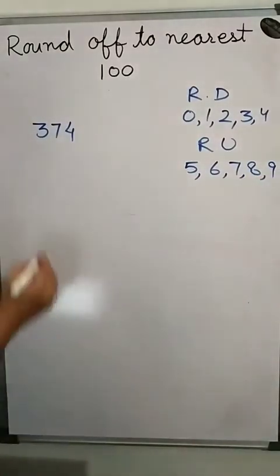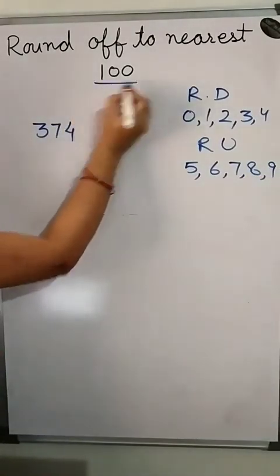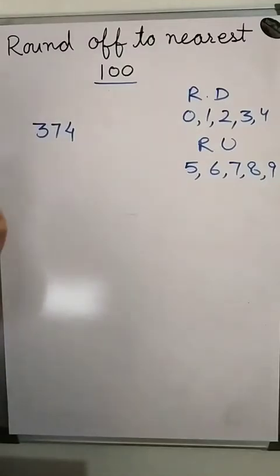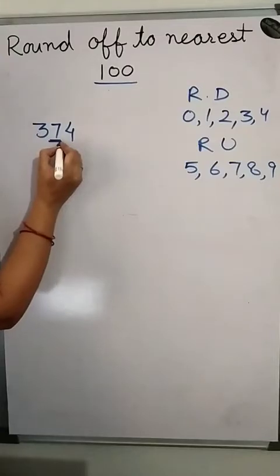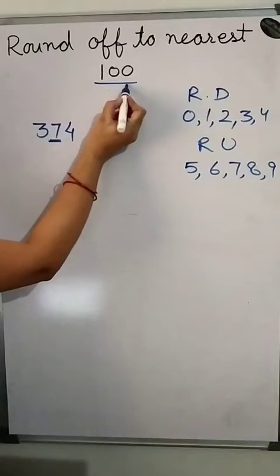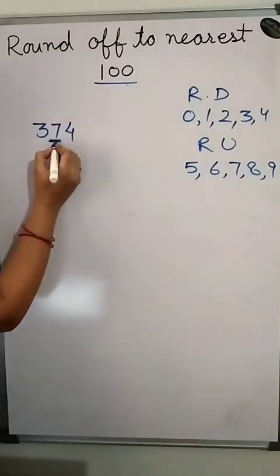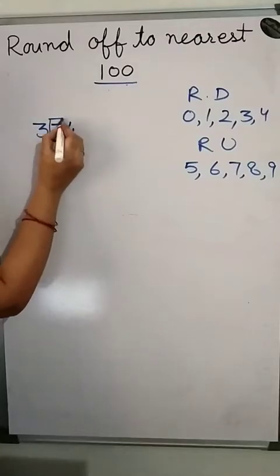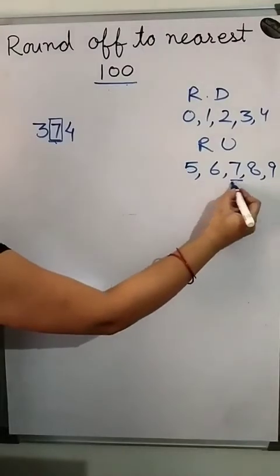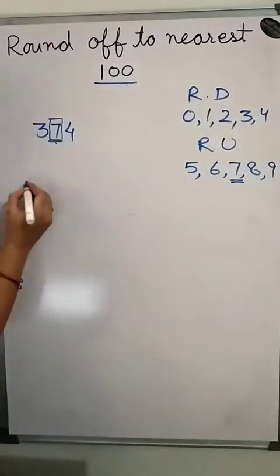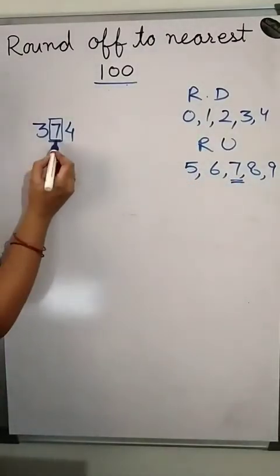These are for rounding. Now we have to convert to the nearest 100, so we check only its tens place number. So here just see 7. 7 is from which group? 7 is from this group, meaning round up.